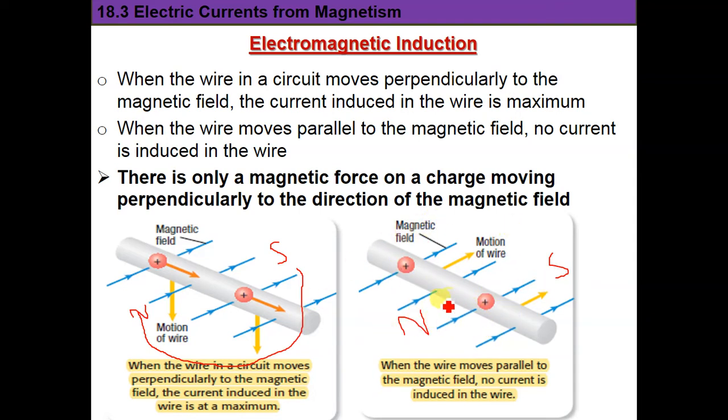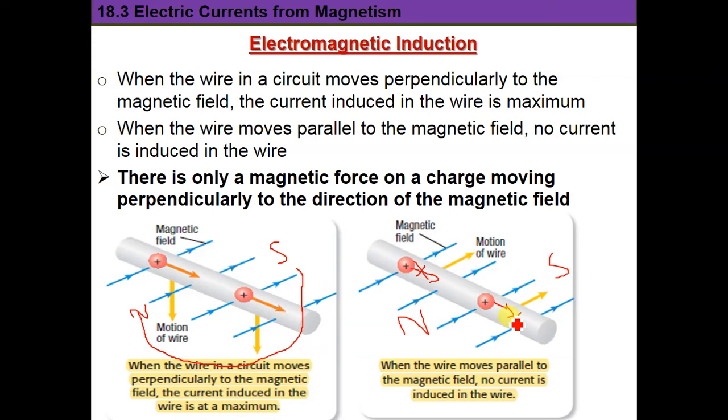But here, the same thing: I have this horseshoe magnet, north and south, and the field lines go like this, parallel, blue lines. And let's say you are moving the wire back and forth, along this yellow arrow. In this case, you are moving the wire with the field lines, you are not crossing them. So you are not causing the magnetic field to change. Since the magnetic field doesn't change, the charges won't move, so no current.